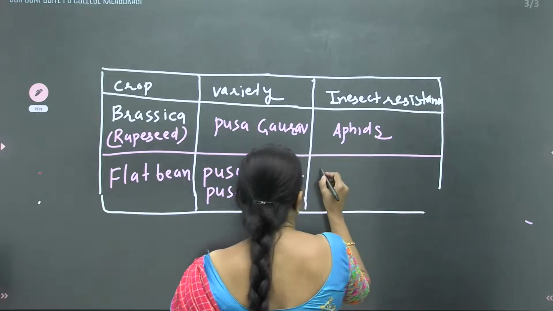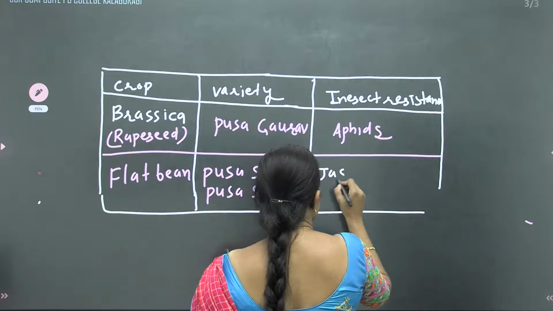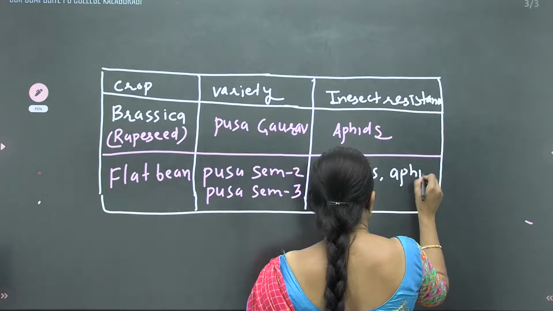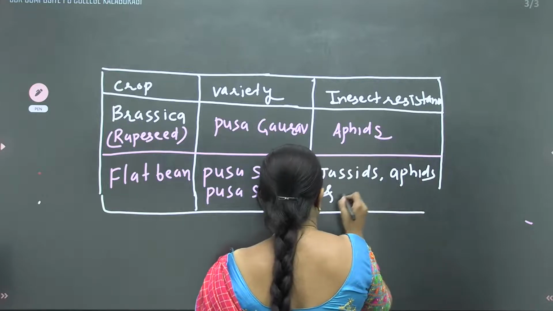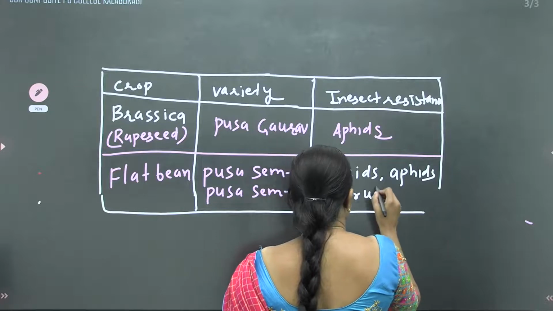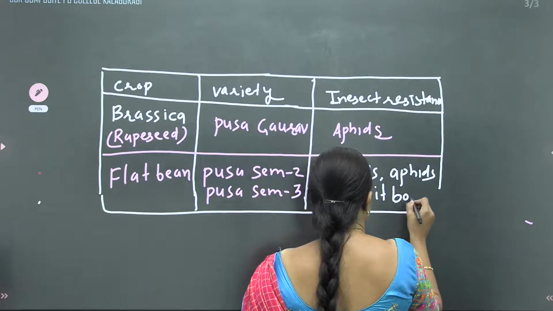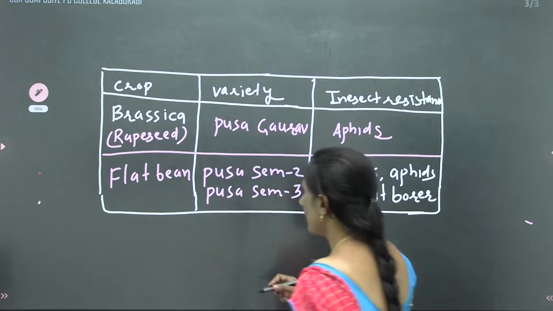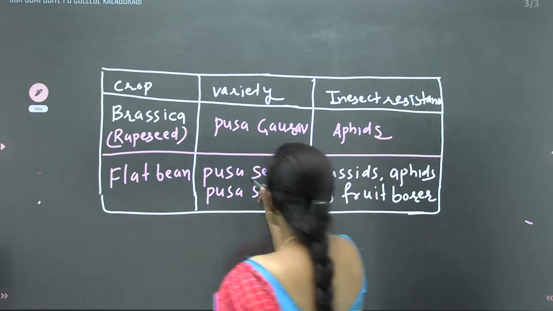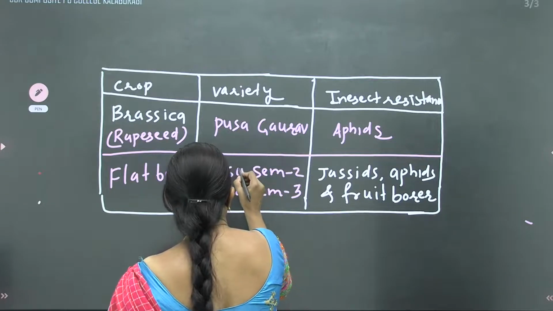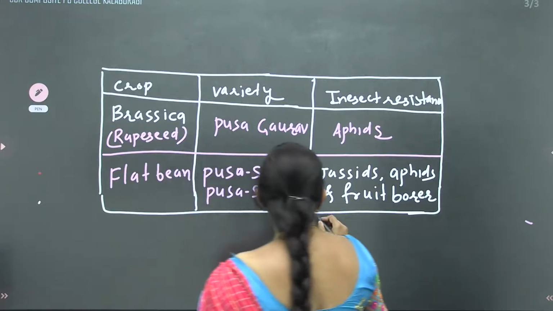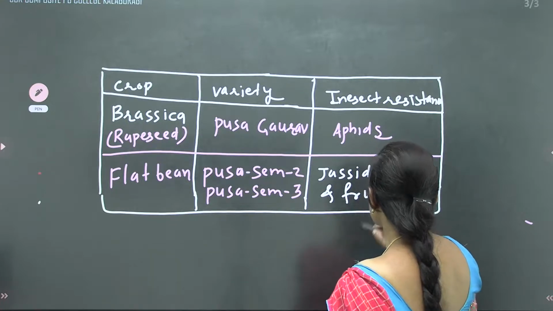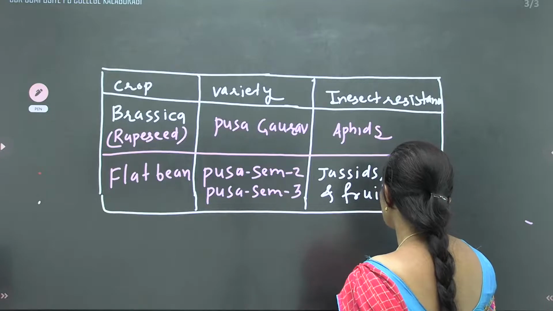Resistance to jassids, aphids, and fruit borer. Fruit borer. Is it clear? Flat bean, so the variety is Pusa Sem 2, Pusa Sem 3. Resistance to which ones? Jassids, aphids, and fruit borer. Is it clear?